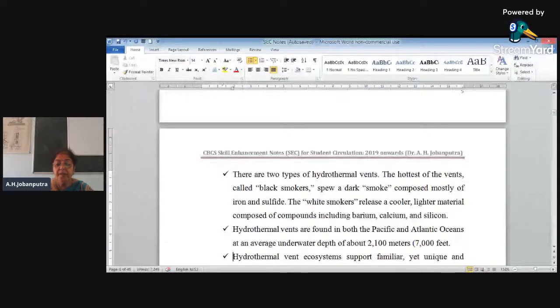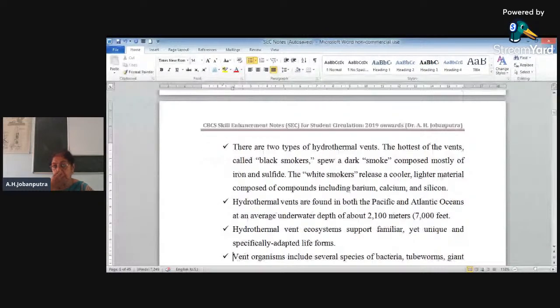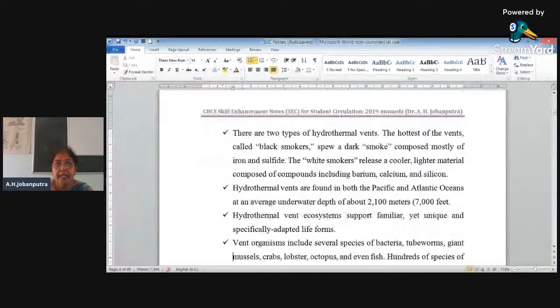These hydrothermal vents are found on the ocean floor, so it is obvious that they may be found in the Pacific and Atlantic oceans at a depth of 2,100 meters, almost 7,000 feet below the surface of water.